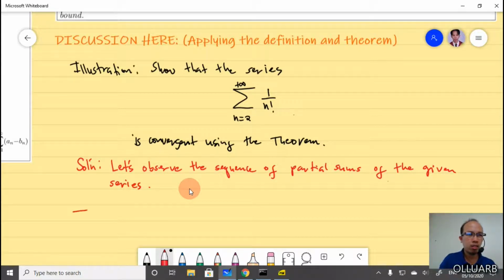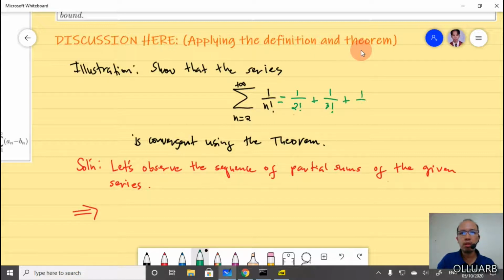Notice, let's try to expand this example. Your n starts from 2: 1 over 2 factorial plus 1 over 3 factorial plus 1 over 4 factorial, and so on up to 1 over n factorial up to infinity.